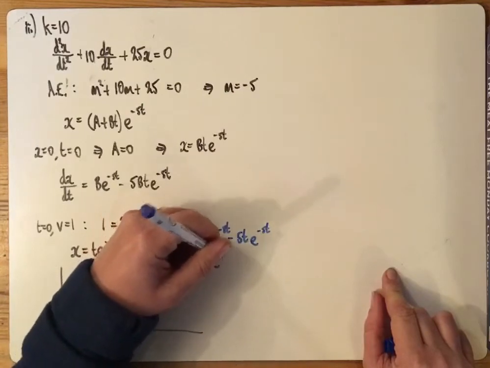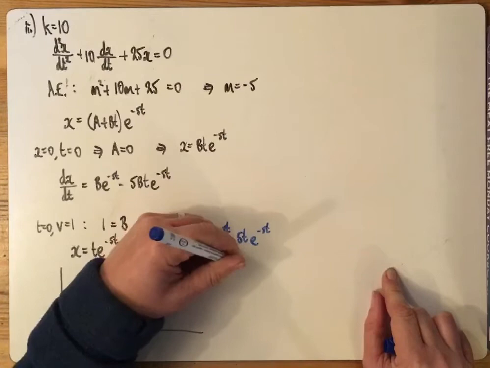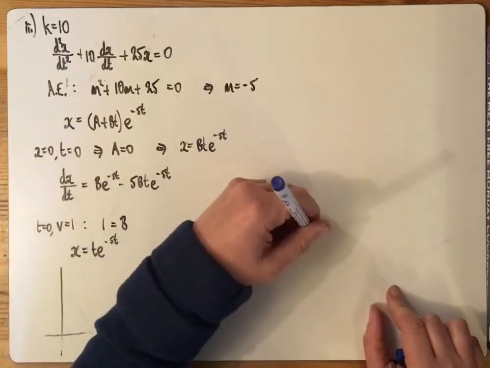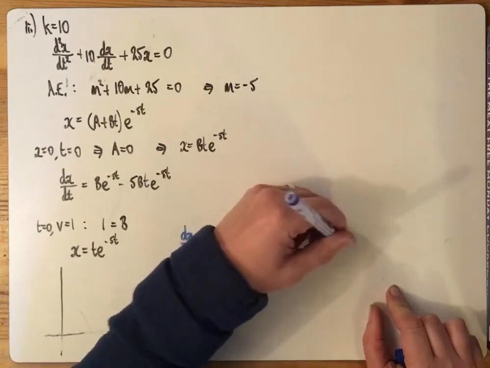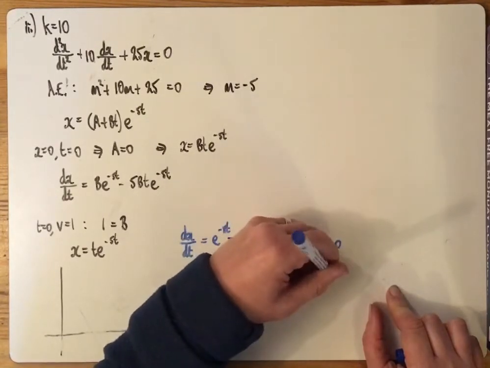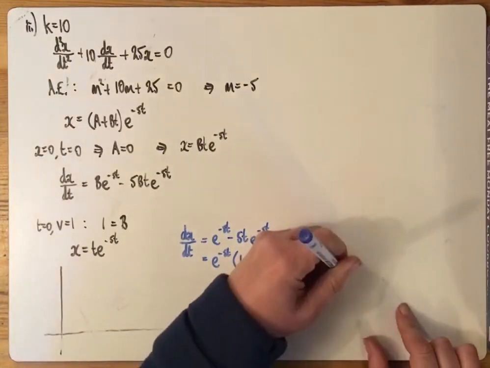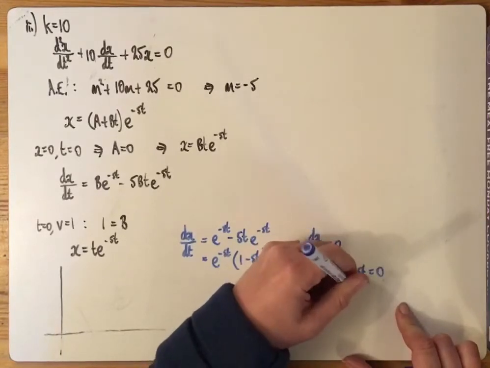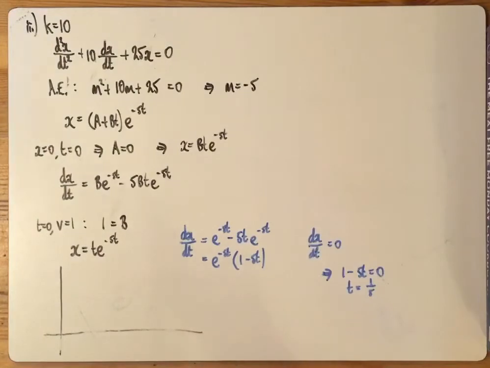Then you can pull out e to the minus 5t as a factor. And then if you want to find where the gradient is equal to 0, e to the minus 5t can't equal 0, and so 1 minus 5t equals 0, and so t is equal to a fifth. So there's a stationary point at t equals a fifth. It will be a maximum.